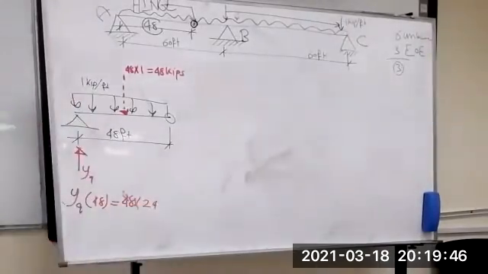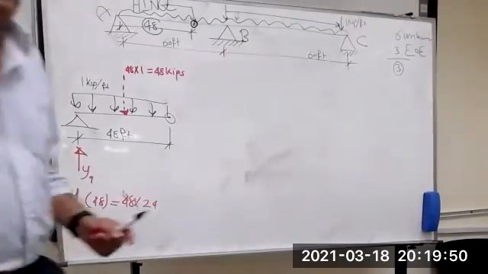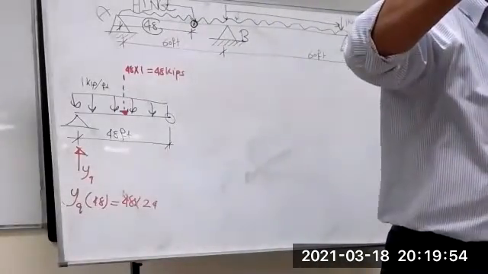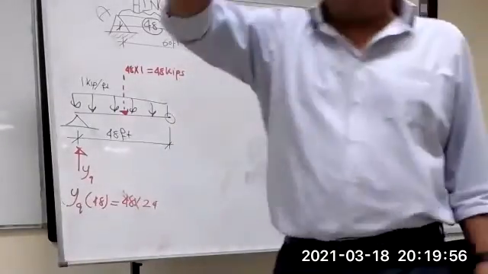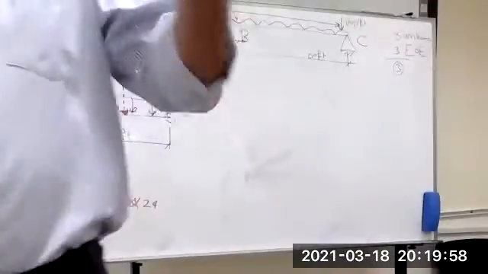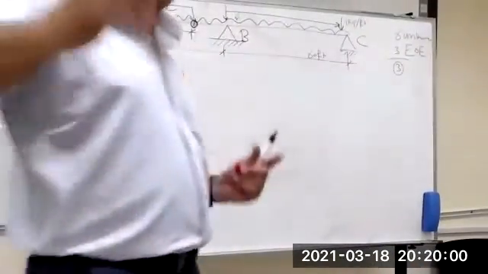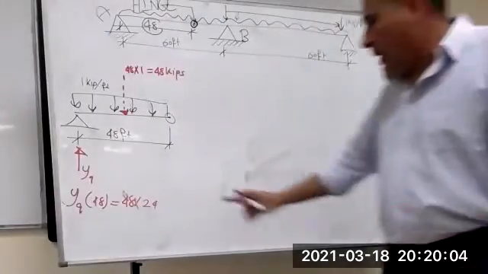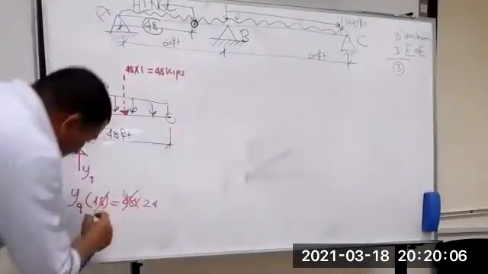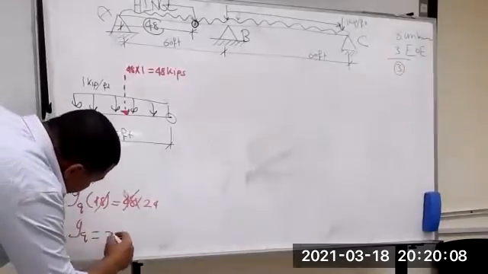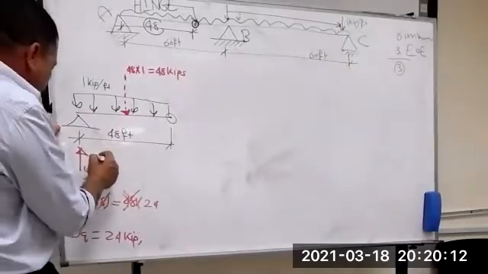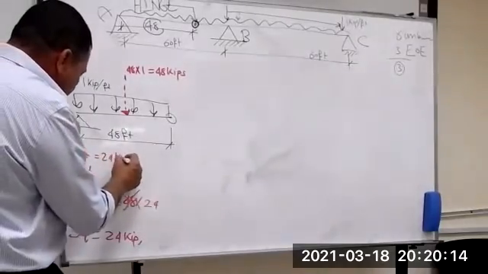From now you have to write this equation and know when it is negative and when positive. Simple: tension in the upper fiber is negative moment, tension in the lower fiber is positive. How do you get fast? Through exercise. So YA equals 24 kips. I get a reaction equal to 24 kips.